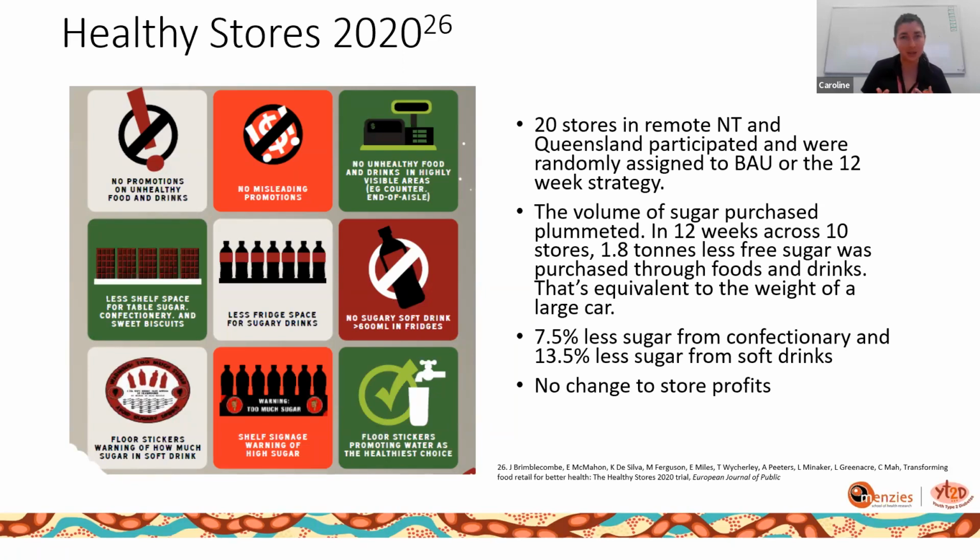And remote stores are doing everything that they can to keep those prices as low as possible. So I think it really comes down to government stepping in and providing direct-to-consumer food subsidies, or looking at how they can make food more affordable for people living in remote communities so that they can actually have access to healthy food as a first-line approach.